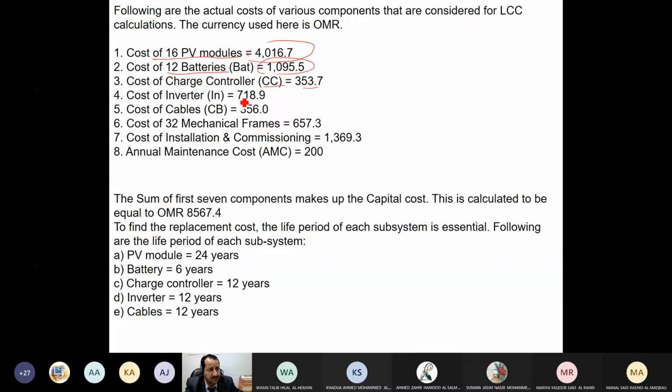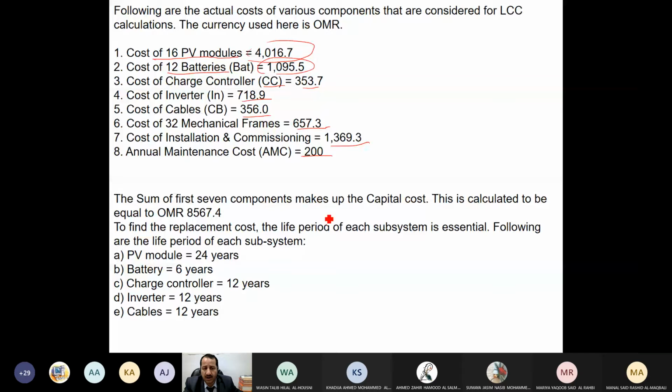Charger controller costs this amount. Inverter, cable, the frame we use to put the panels cost this amount. And the cost of installation and commissioning, when the company comes to install it, costs us this amount. And finally, the maintenance cost, annually, we pay 200 Omani Riyal.